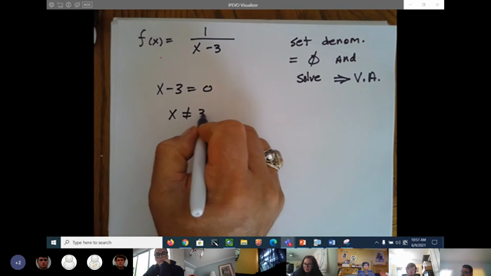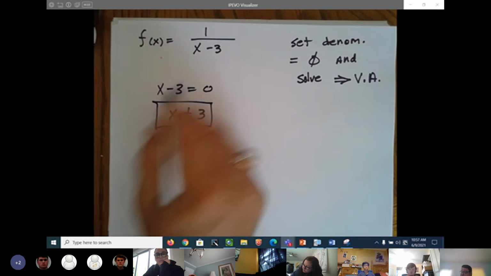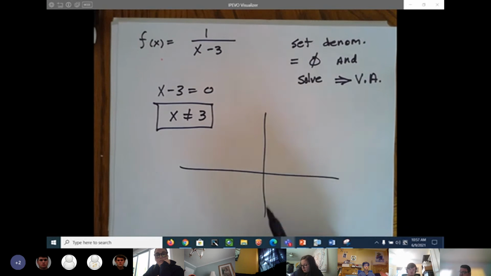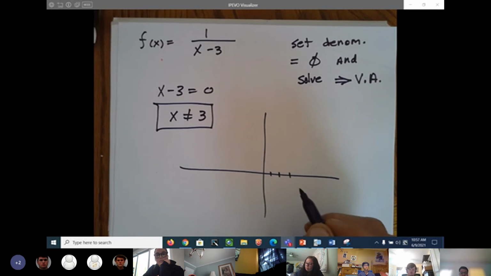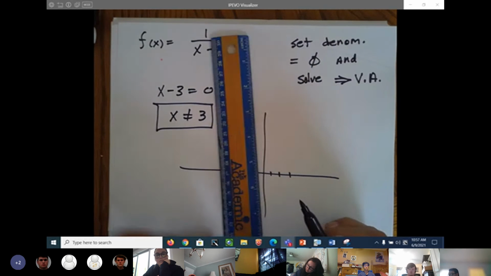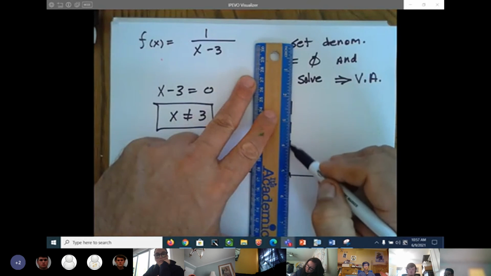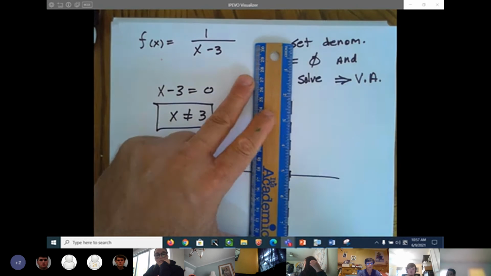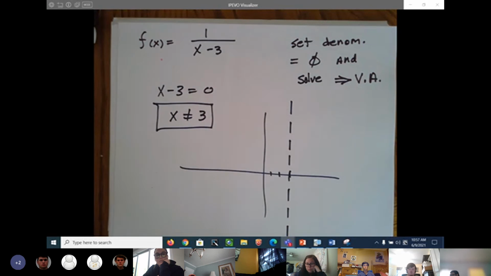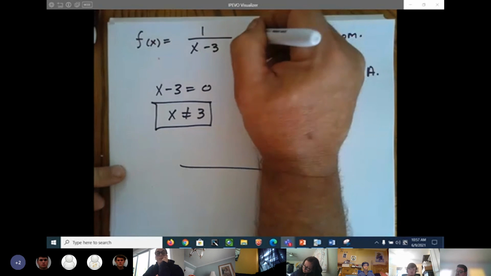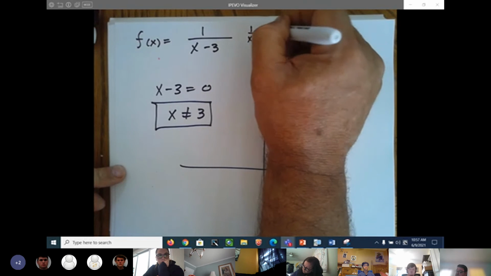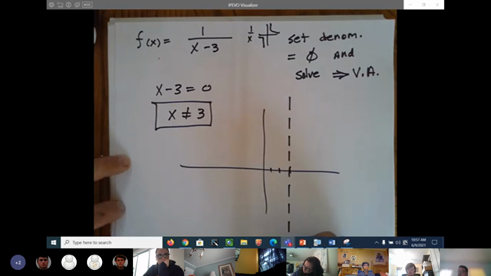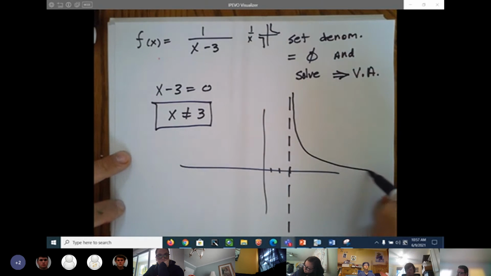All right, so x minus 3 is equal to 0. X cannot equal 3. So your vertical asymptote for this function is at x equal to 3. And a vertical asymptote is a what? A vertical dashed line. Now we know that 1 over x is half a volcano because of your parent graph. So your function will look something like this.